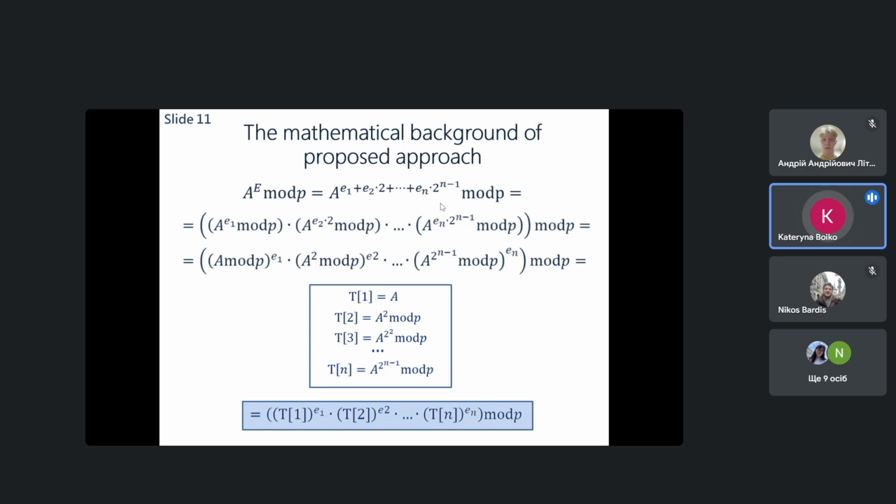Therefore, calculating a raised to the power of e modulo p can be performed as a modular product of the pre-computed table values corresponding to the bits of the exponent's binary code that are set to 1.